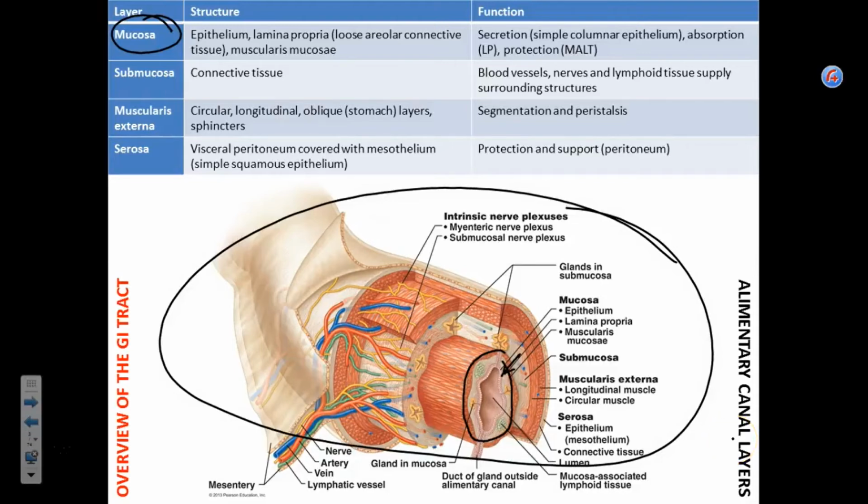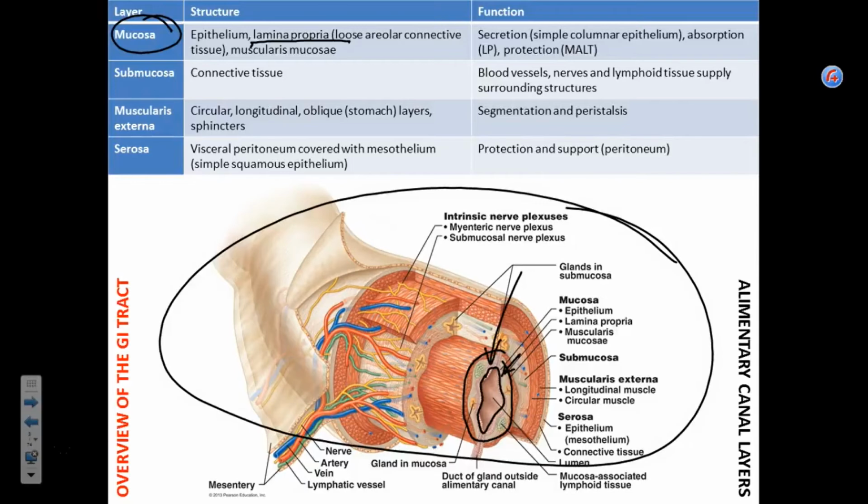So from the lumen side, luminal side probably is going to be in English, there is an epithelium. Okay? The next layer to the epithelium is the lamina propria. You can see it right here.